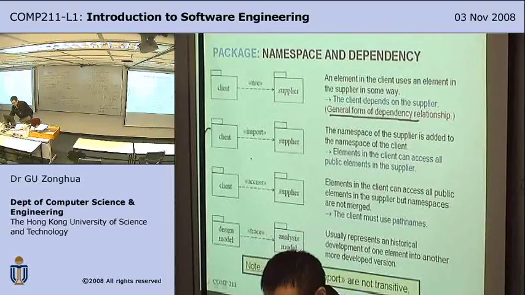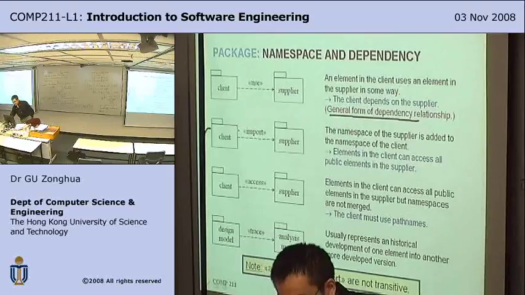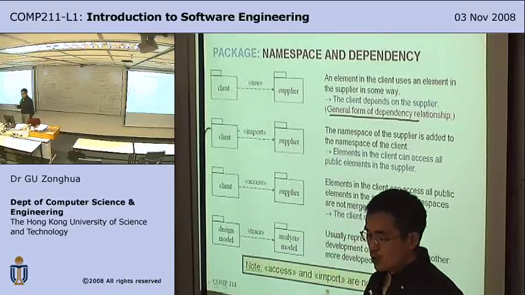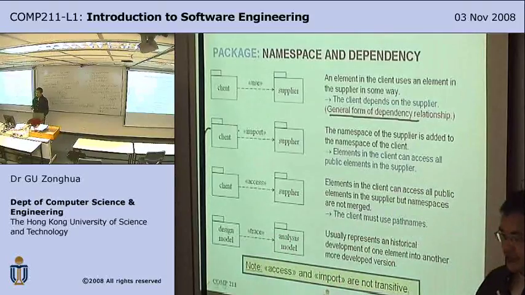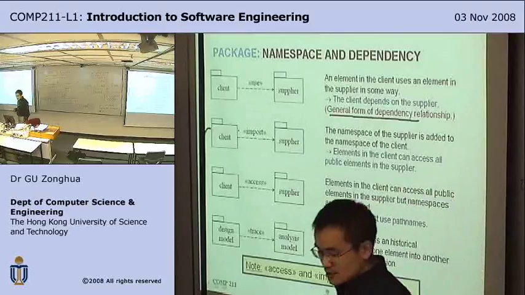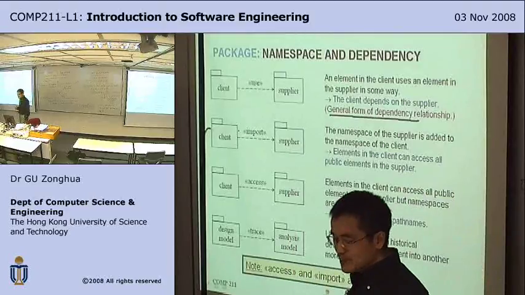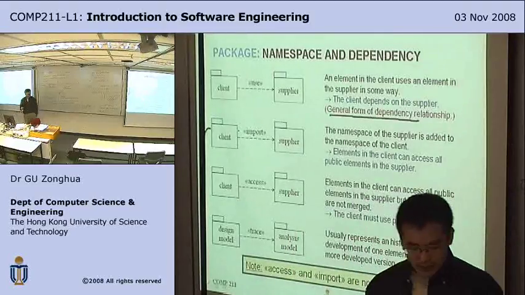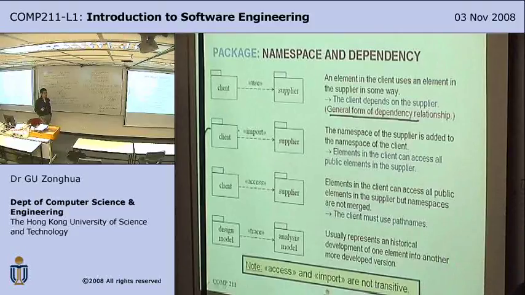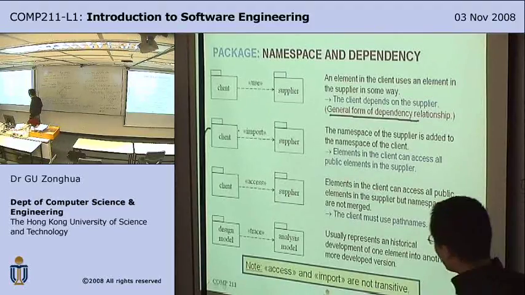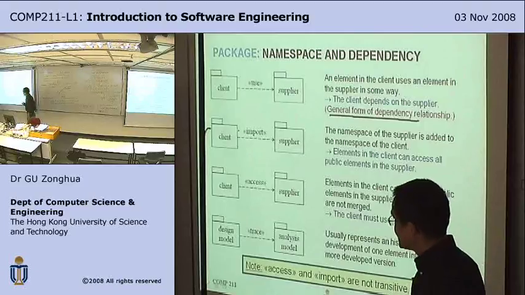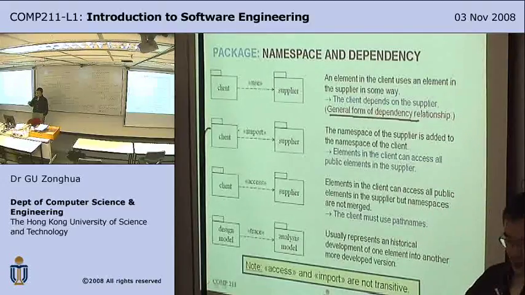So import: if a client package imports a supplier package, then the namespace of the supplier is added to the namespace of the client. So any class name defined within the supplier package can now be used in the client package without prefixing the supplier package name.